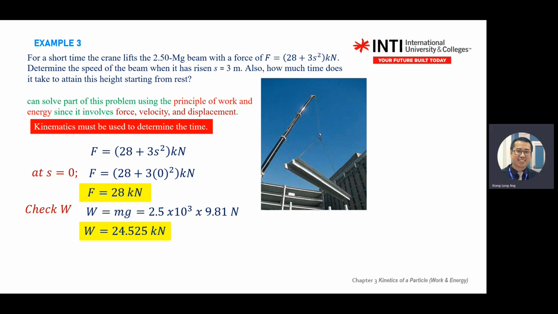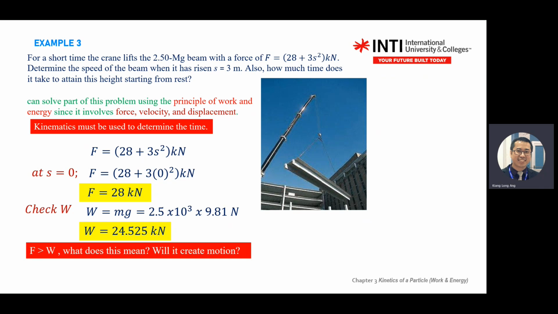Excess of force will give you ma, will give you motion. So the object is actually moving, and going up is positive. This is just to check whether the question has a problem or not, whether the logic works, and whether the motion goes up or down.